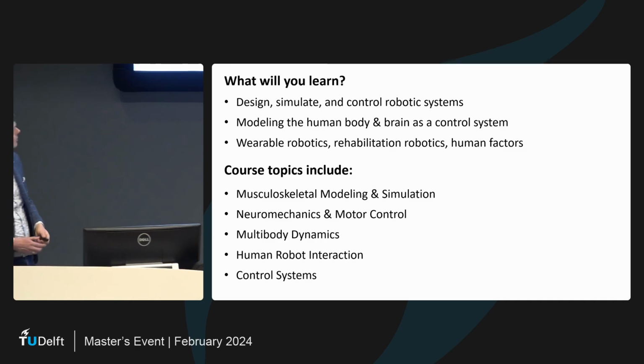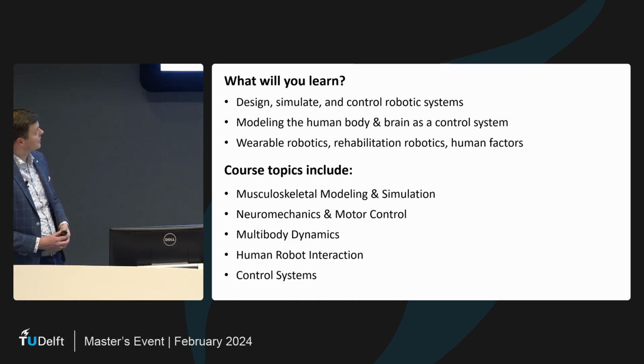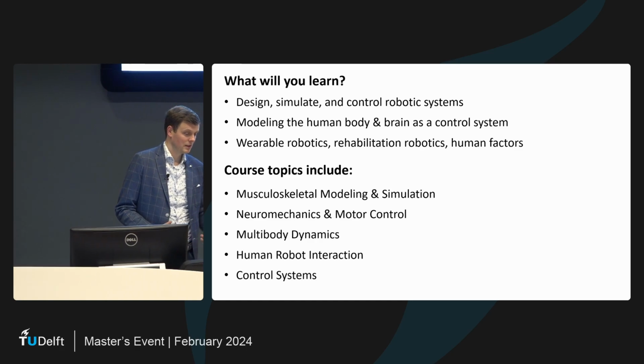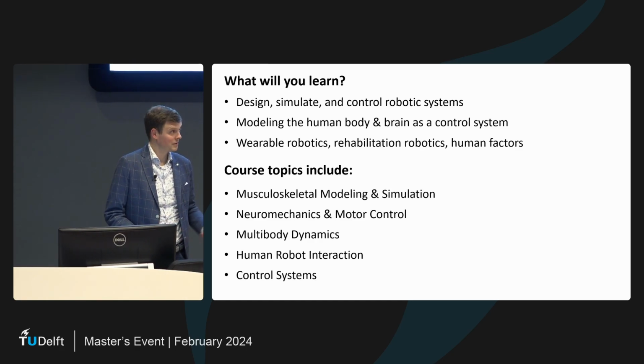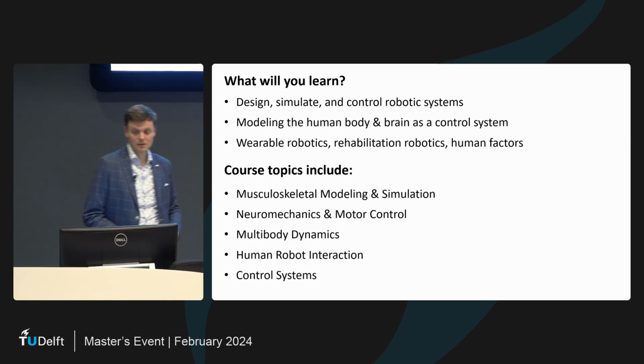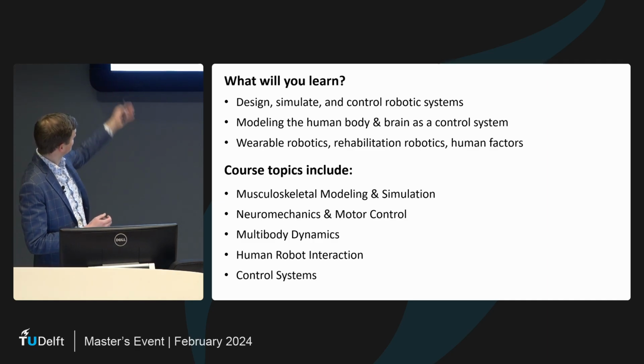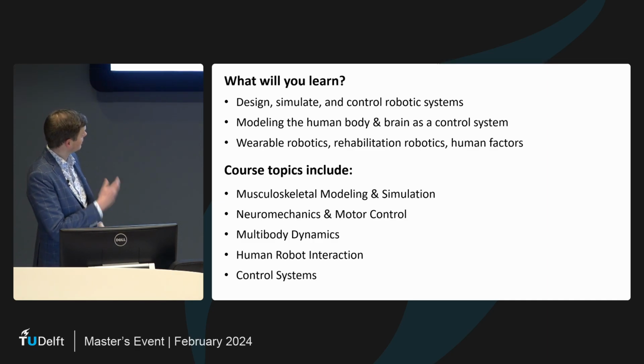Other things could be wearable robotics or rehabilitation robotics. You can think of systems that help you to rehabilitate. Usually people now do physical therapy, but they could also be supported by a robot during the rehabilitation process. And here you also see some other courses that are focused on that.